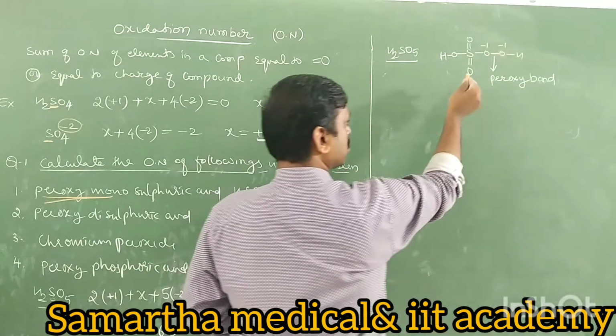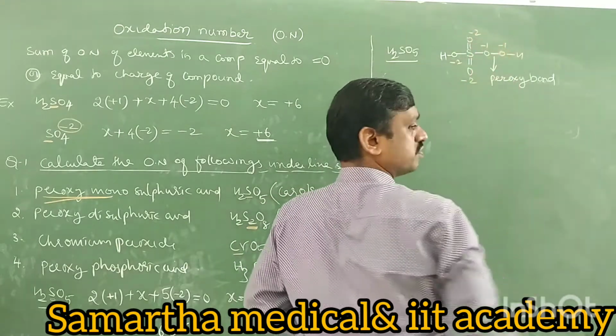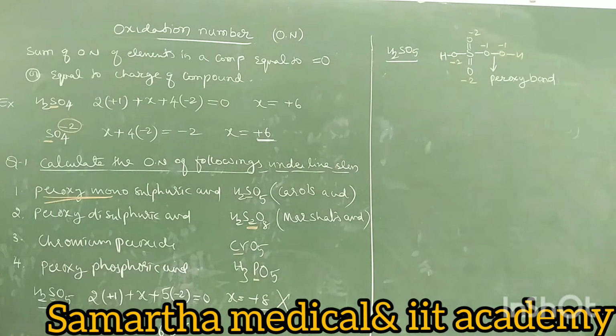Then what about the remaining oxygens? -2, -2, -2. Okay, then add all the negative oxidation states.